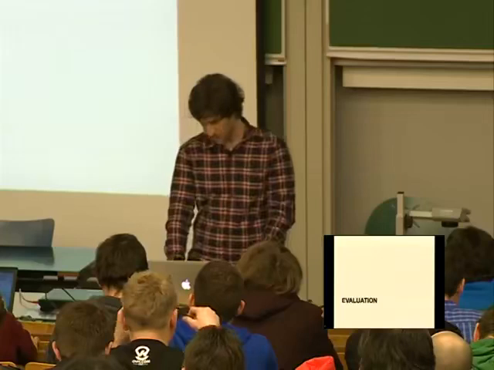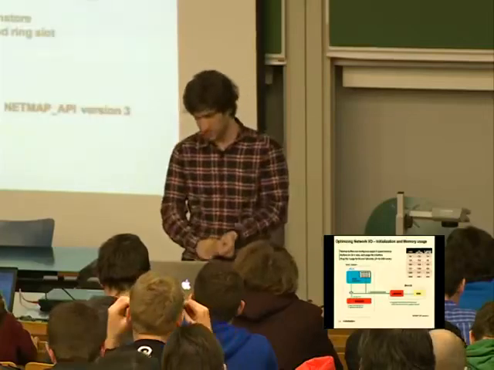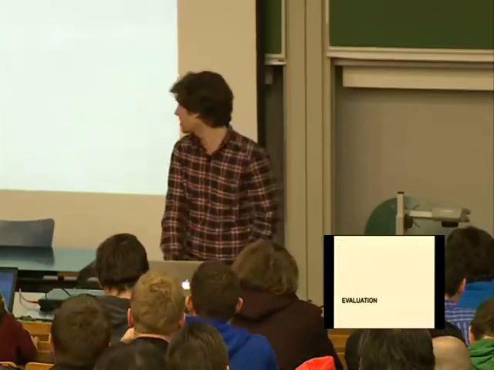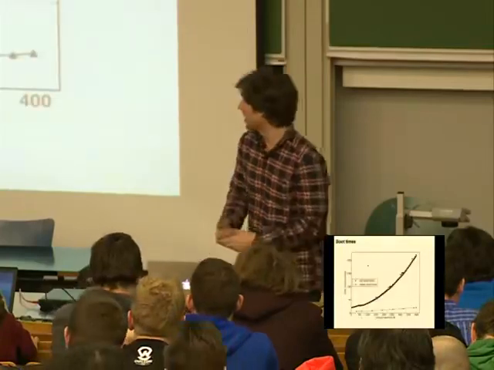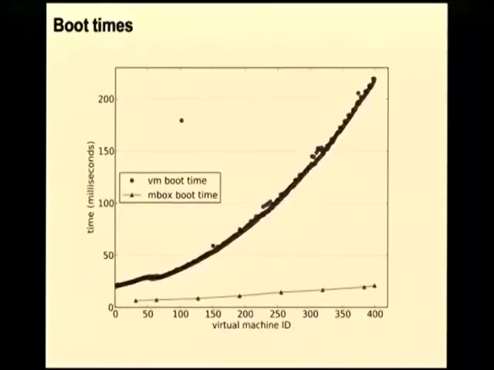So let me just show you some performance evaluation of our system. I told you that our VMs boot in 30 milliseconds, and this is when we boot 400, how do the boot times evolve? So you ask yourselves why we want 30 milliseconds boot time.